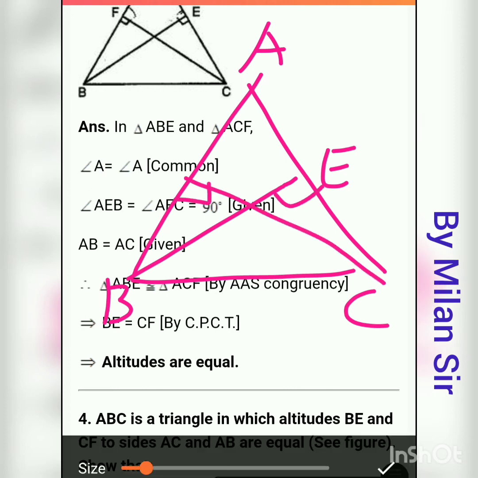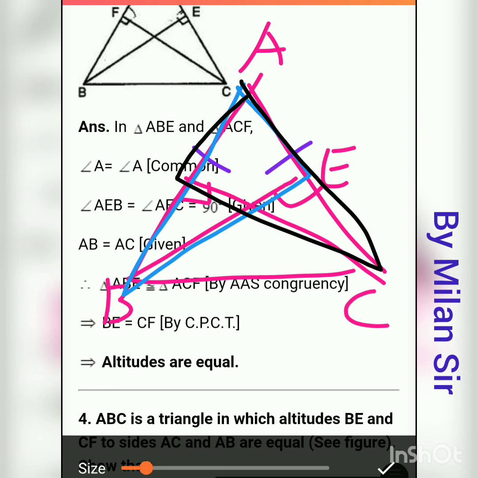Now in this triangle AB is equal to AC, right? Here we are using two triangles. First triangle is this one, ABE, and second triangle is ACF.